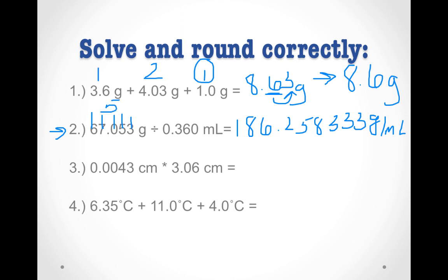That zero between two non-zero numbers makes it significant. Here we have 1, 2, 3. Zeros at the end of the number to the right of the decimal are significant. Zeros at the front of the decimal without a number in front of them are not significant. So we want to round to 3 sig figs. Count our third sig fig, 1, 2, 3. Look to the right. We round down because it's less than 5, so we get 186 grams per milliliter.